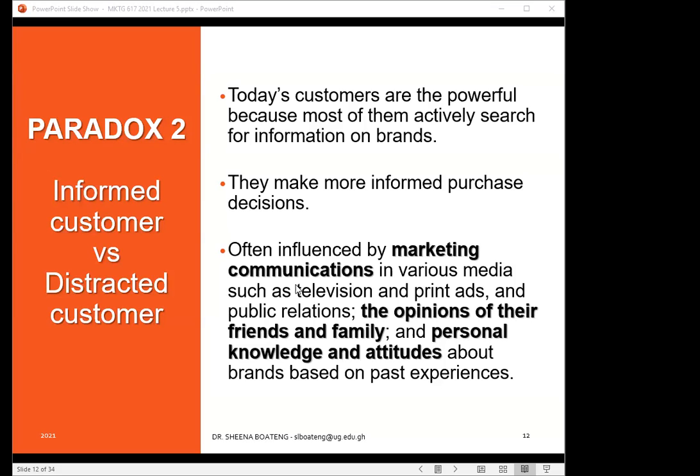right? Now, the informed decisions that they make are basically done using information they obtain from search engines, like I just mentioned, right? And other times, this information is obtained from marketing communications, like television and print adverts, public relations, and other forms of adverts and communication that are disseminated using the internet medium.